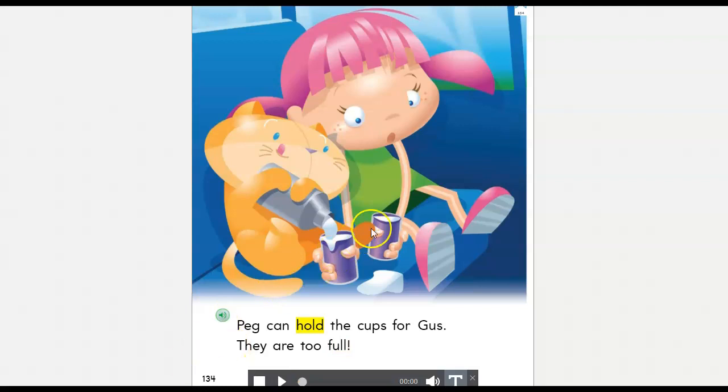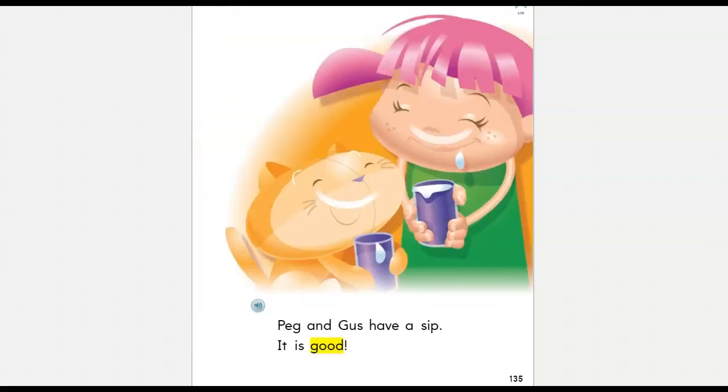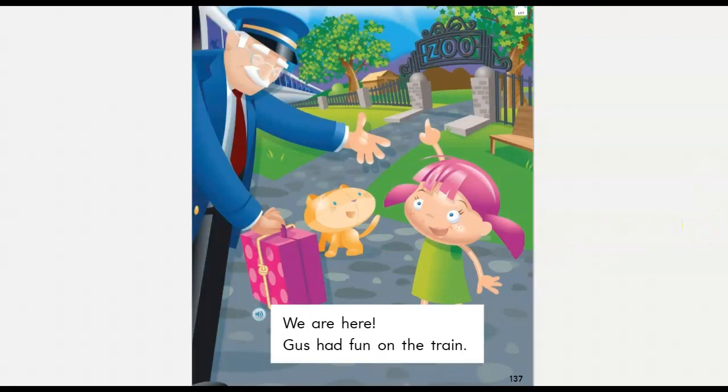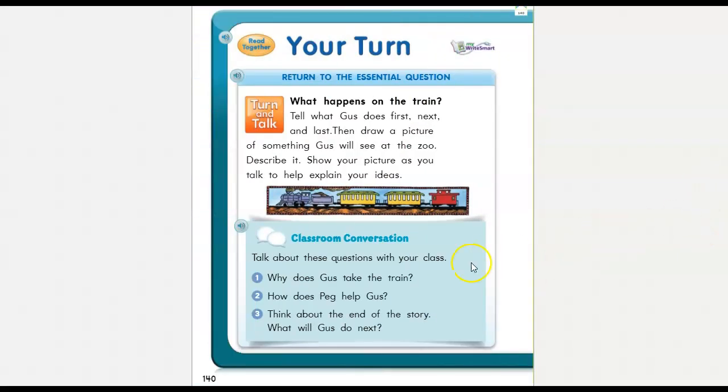So Peg is holding the cups for Gus while he pours the milk. Then they drink the milk together. So we could say that Peg helps Gus by holding the cups. That was very helpful to Gus.